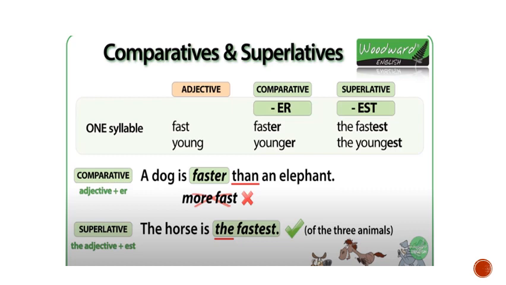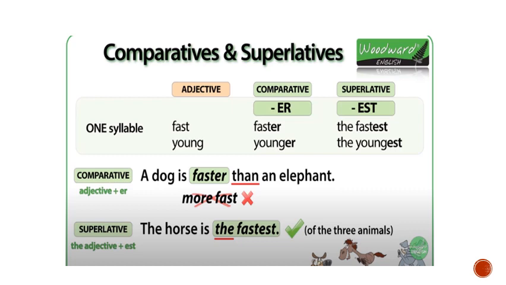As we mentioned before, we have short adjectives, long adjectives, and irregular adjectives. Let's take the first one. One syllable adjective, mbiemër njërokësh ose mbiemër i shkurtër. We have fast here and young.